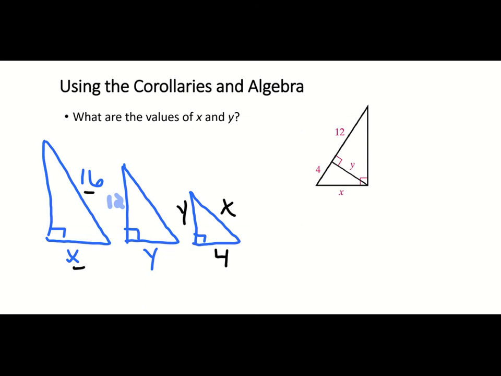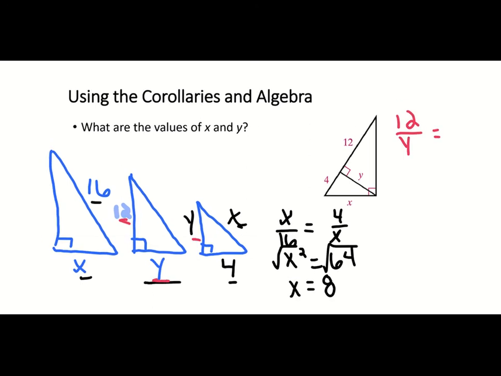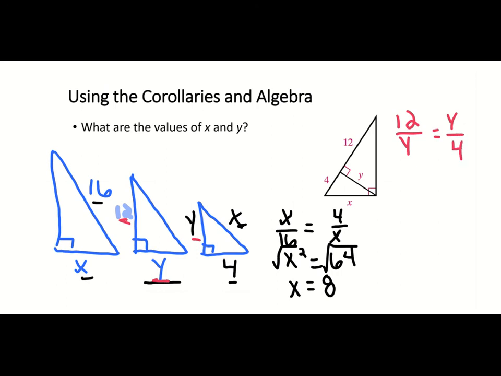So we would do y over 4. Again, we have those variables catty-corner to each other, setting up our geometric mean. So we get y squared equals 48. Take the square root of both sides, and we end up with y equals the square root of 48.